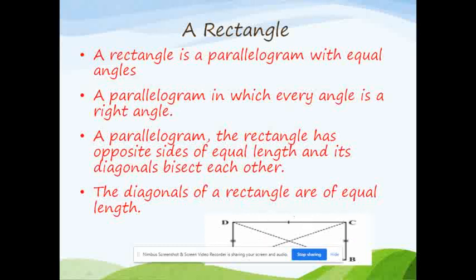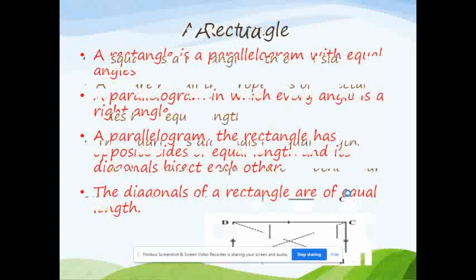From this you come to know the distance between the two non-parallel sides AD and BC are equal, and the diagonals bisect each other and are equal in length. The sum of adjacent angles is 180 degrees. So we know a rectangle has all its angles 90 degrees. So this is one of the parallelograms.